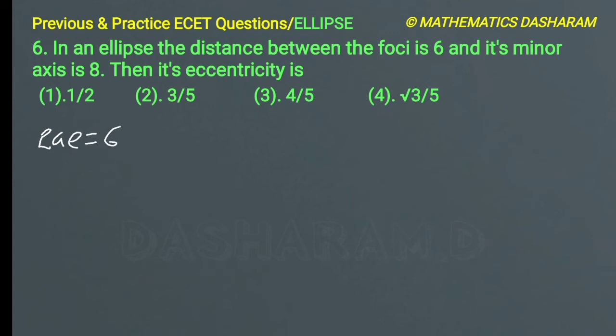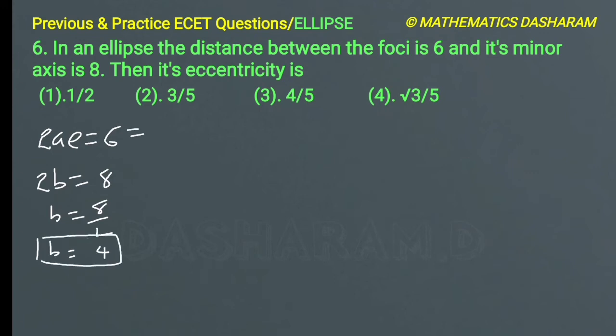And it's a minor axis. Minor axis formula is what? 2b. It equals 8. So then b equals 8 by 2, b equals 4. Next from this, ae equals 6 by 2, then ae equals 3.